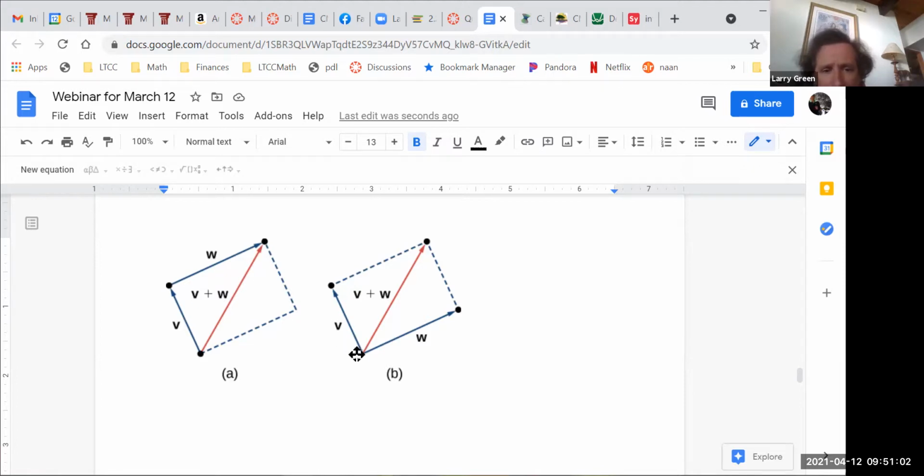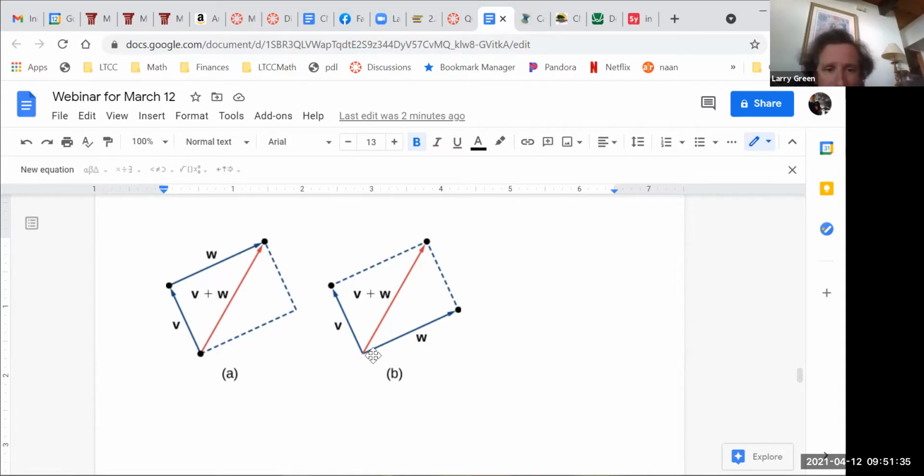The other way of doing it, which is probably even more common, is if you think of a vector as a point, and then the vector pictorially will go from the origin to that point. So the origin is right here. And if V is this point, so it's this arrow that goes from the origin to this point, and W is this point, so it's this arrow that goes from the origin to this point.